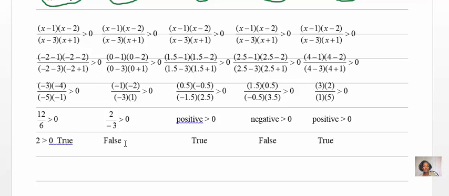So as long as the powers on your factors are odd, these are going to alternate. Once you get a true interval, the next interval is going to be false.